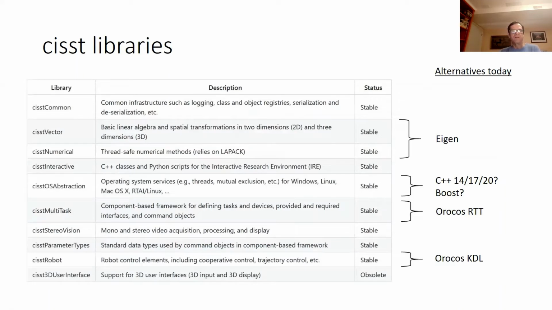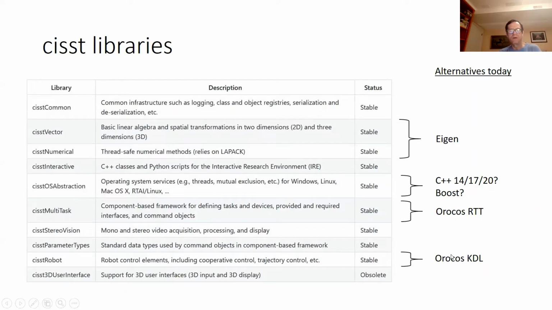This is a list again of the different cisst libraries. When we developed them, there weren't a lot of alternatives available open source, or we would have adopted them. There were definitely some things that were developed in parallel, and arguably many of these are more popular than what we've developed and are using. For example, on the mathematical side, many people use Eigen.